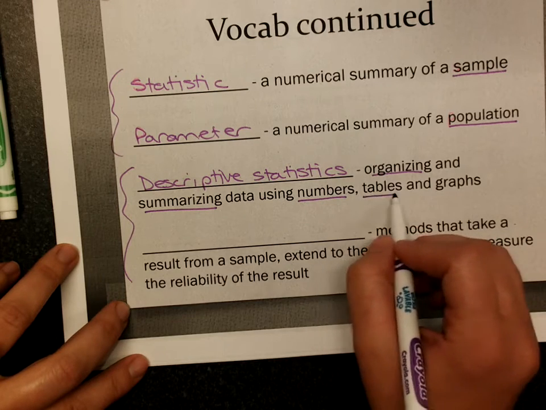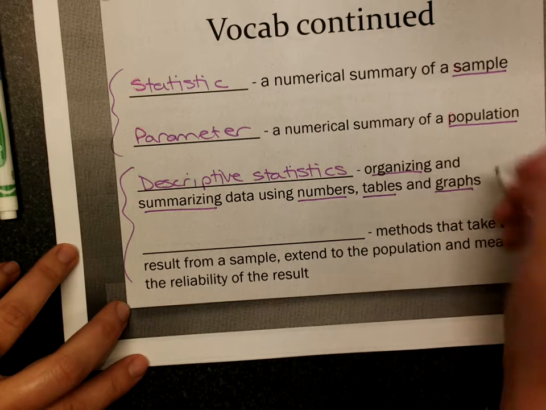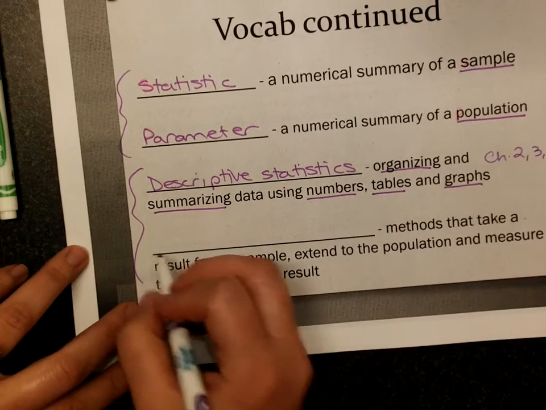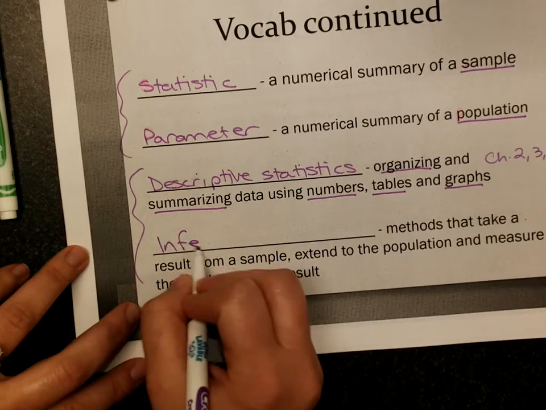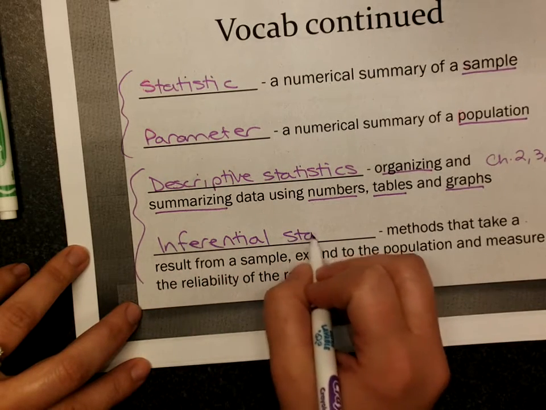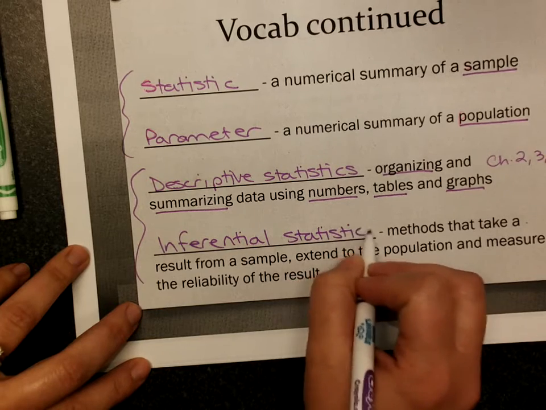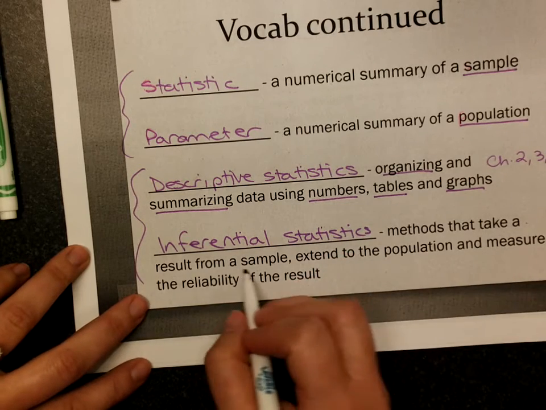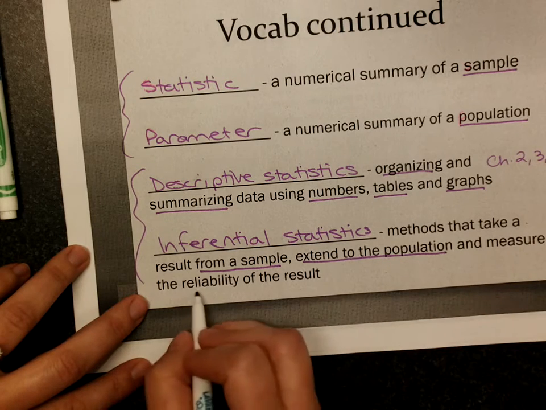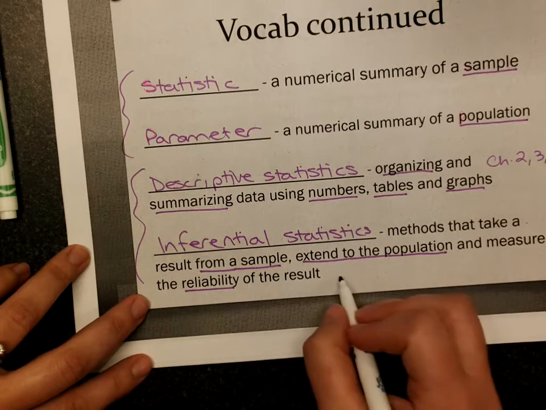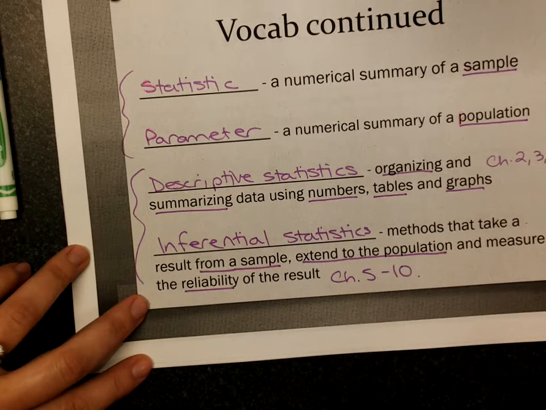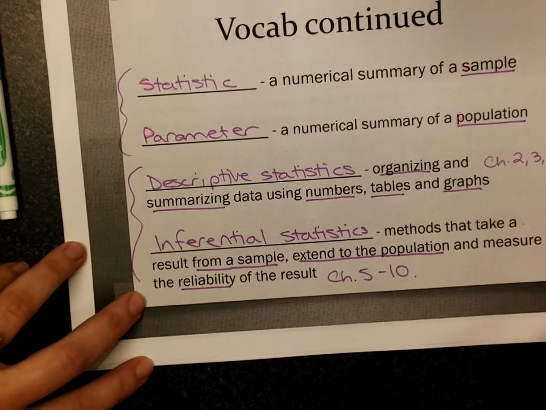We can organize things in tables and graphs, and that'll be in chapters 2, 3, and 4. And then the other part of statistics is inferential statistics. And these are methods that take a result from a sample and extend it to the population, and also measure the reliability of the results. So that'll be chapters 5 through 10 for us. So the 2 branches of statistics.